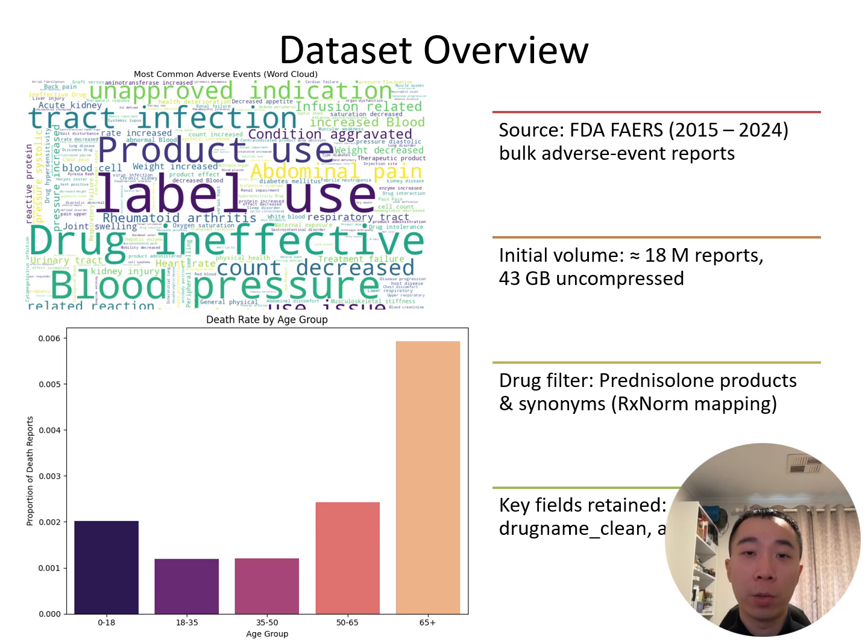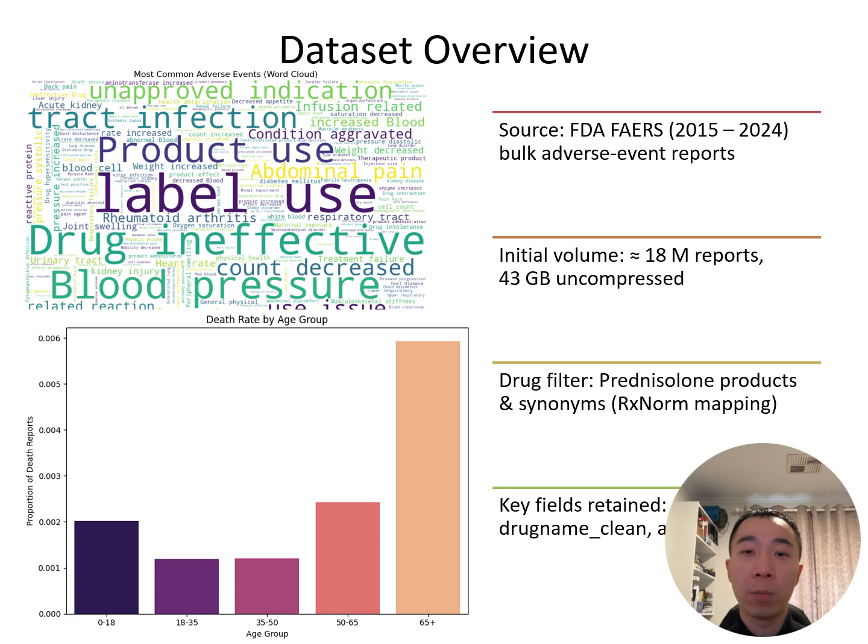This project uses adverse event data from FDA FAERS bulk files, covering the years from 2015 through 2024. The initial dataset was about 43 GB in size and included millions of reports. To ensure consistency, we filtered only those reports involving prednisolone, including all of its salts, extended release formulations, and fixed dose combinations with other active ingredients.